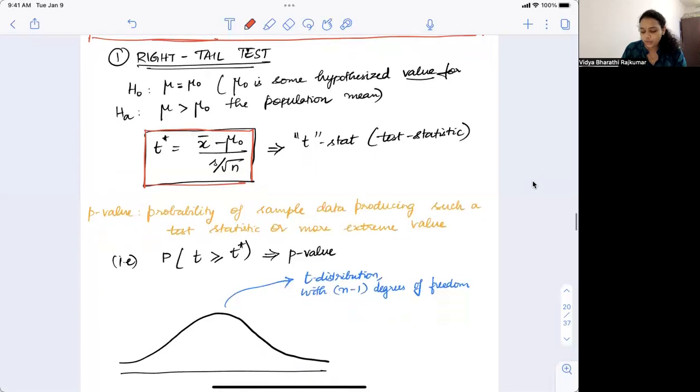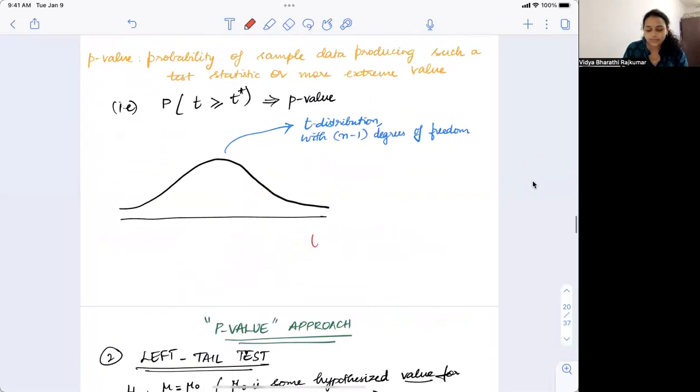Now, when you actually look at our t distribution, suppose t star is here, and we have a null of mu equals mu naught and an alternative that mu is greater than mu naught. We know that we're going to be focused on the right tail of our distribution.